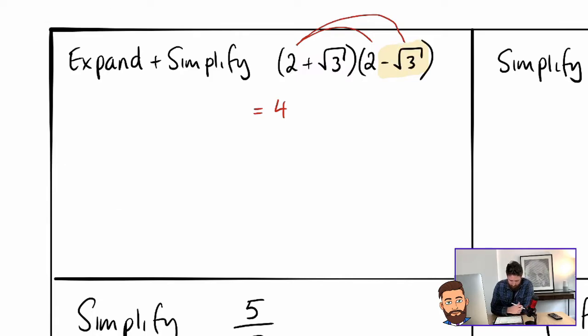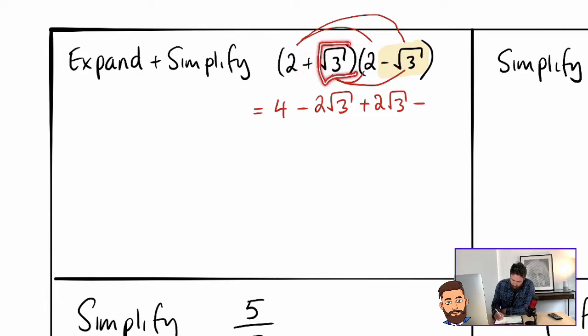If we multiply that together, we'll get minus, because a positive and a negative makes a minus, and then we will have 2 root 3. Expanding out root 3 with 2, we would get plus 2 root 3. And finally, we've got a positive times a negative, which is going to give us a negative.